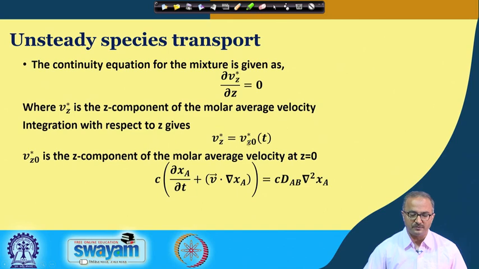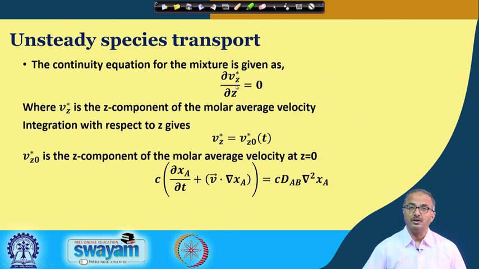From this equation we find that Vz star can be written in this particular fashion, and this Vj star is the velocity Vz at z equal to 0. Then we go for the species balance equation.